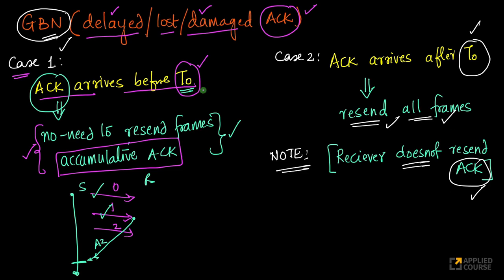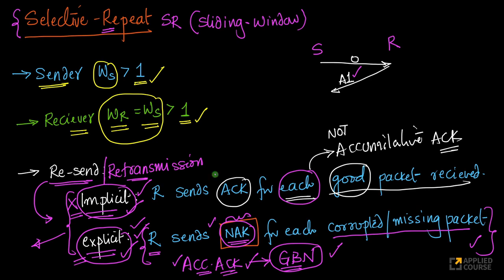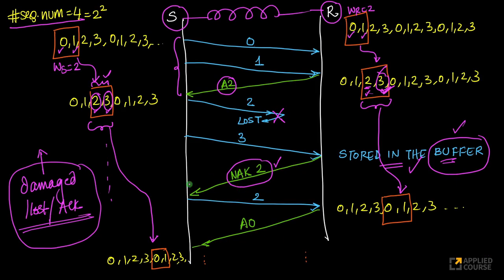If your acknowledgement arrives before timeout, no need to send. If your acknowledgement arrives after T0, as in after timeout, then you just resend the frame and wait for negative acknowledgements if need be. So the core concept here stays the same.